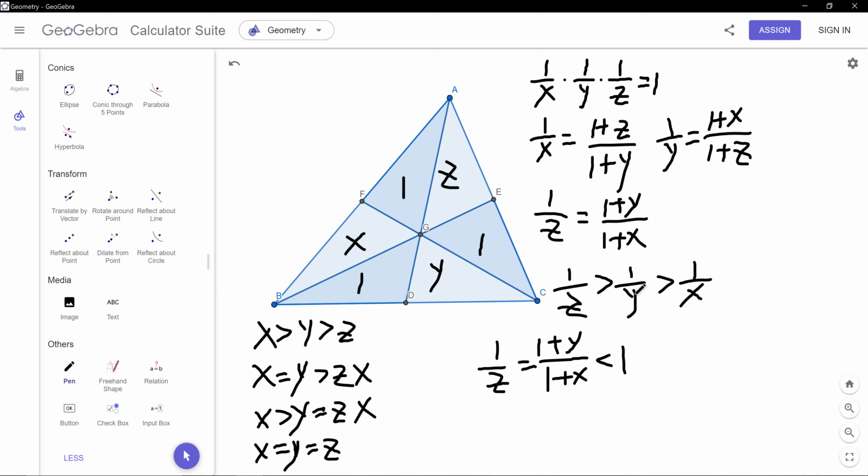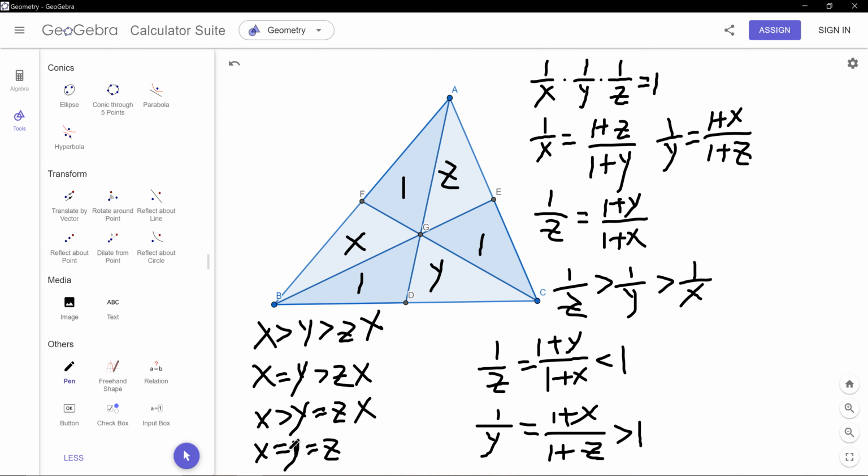What about 1 over y? 1 over y equals (1 plus x) to (1 plus z), and this is larger than 1. So 1 over z is smaller than 1 and 1 over y is larger than 1, yet we believe 1 over z should be larger than 1 over y. That's impossible, so this case is impossible.